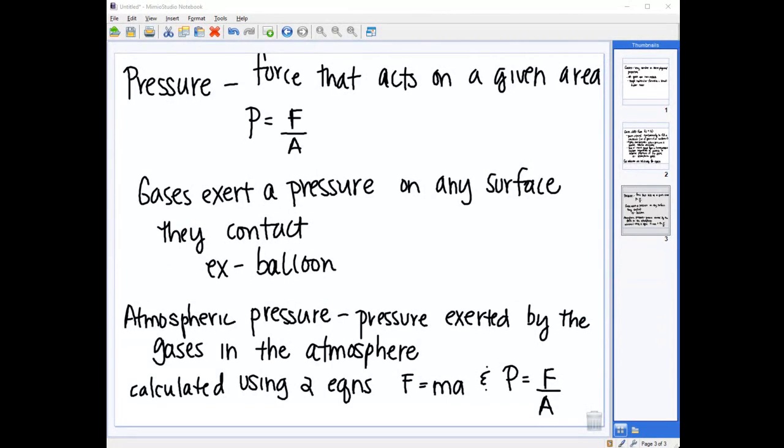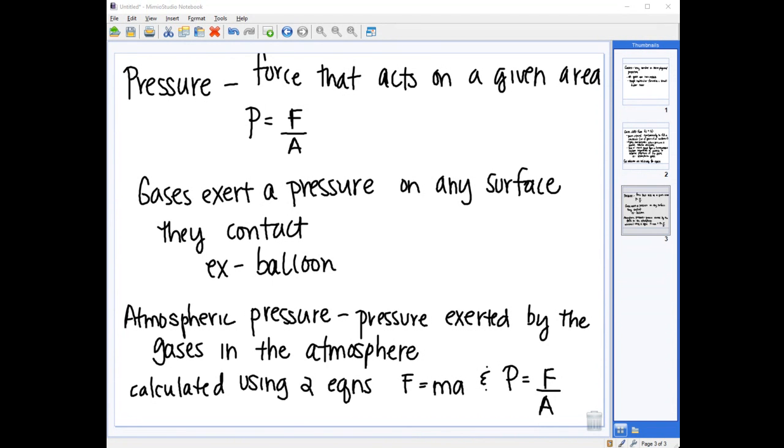opposite forces, opposite pressures. Okay, so we can calculate the atmospheric pressure. We can calculate how much force is due to the gases that are pressing in around us. And so the atmospheric pressure is equal to the pressure exerted by gases in the atmosphere. And we can calculate this using two different equations.